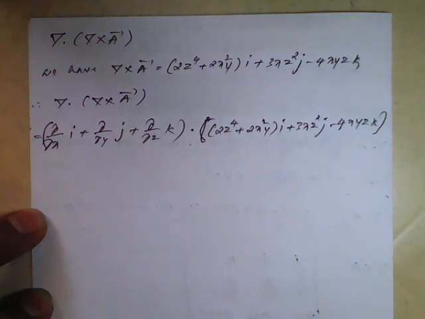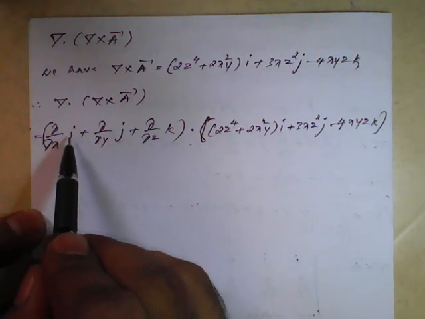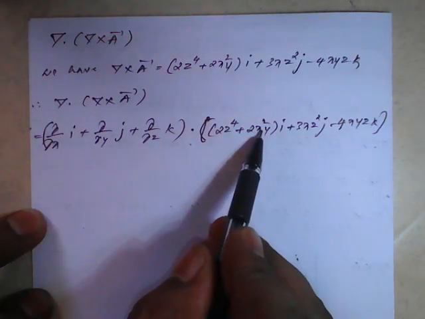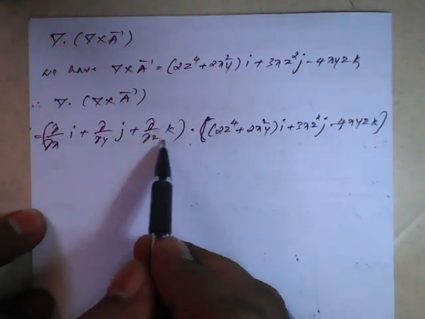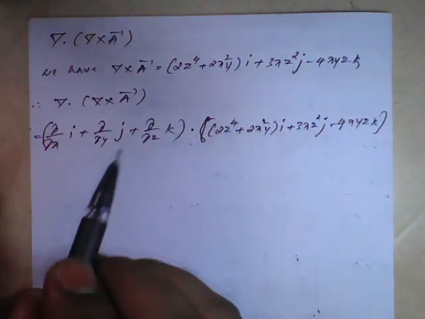Now the terms you have to differentiate partially, first term with first term, second term with second term, third term with third term, because it is a dot product of two vectors.